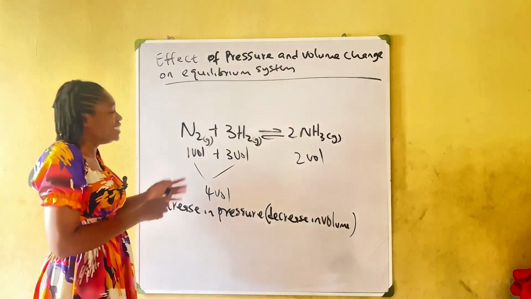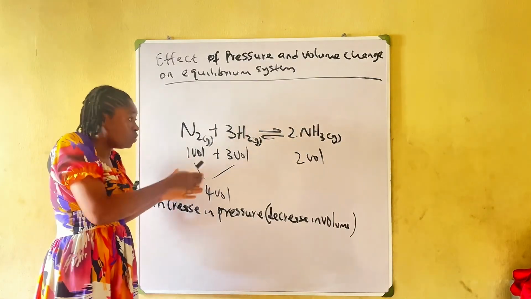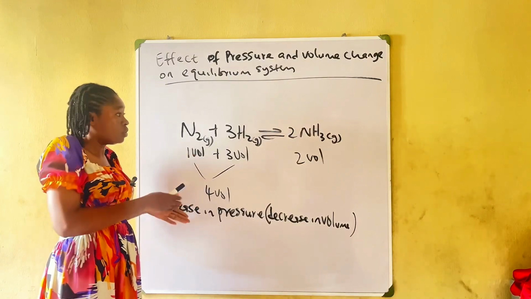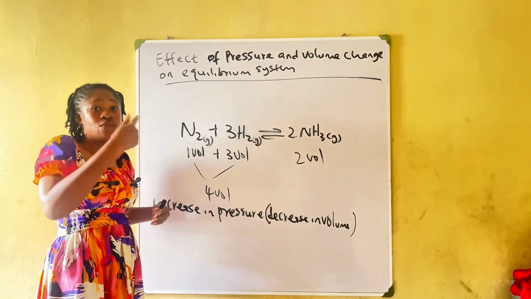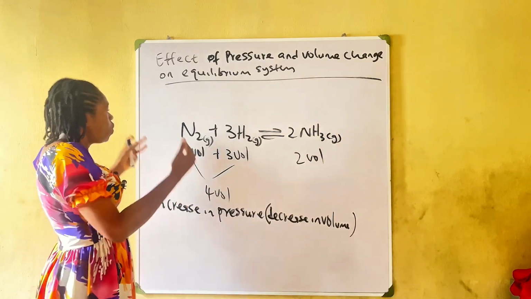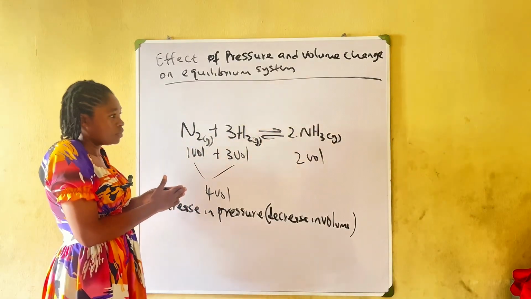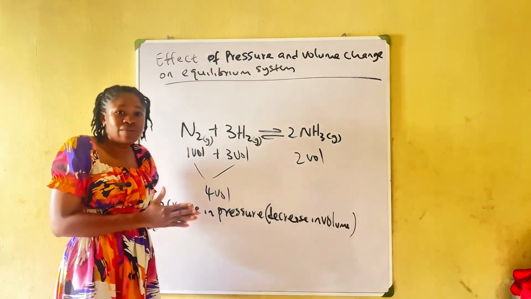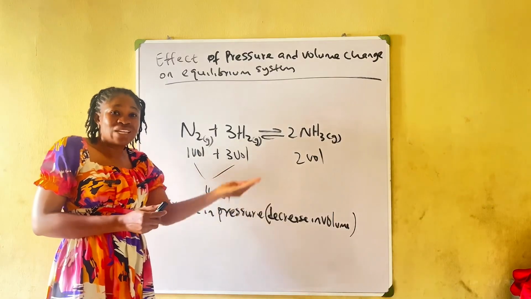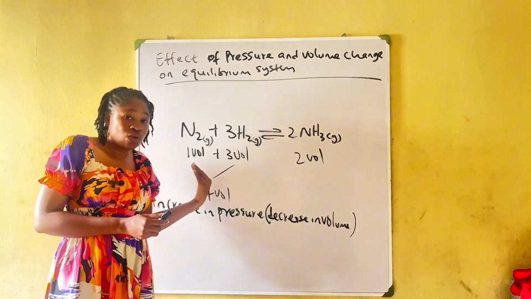So what happens when I lower the pressure, that is, increase the volume? What happens when you decrease the pressure of this system? Equilibrium is going to shift to favor the side with the higher number of volume.